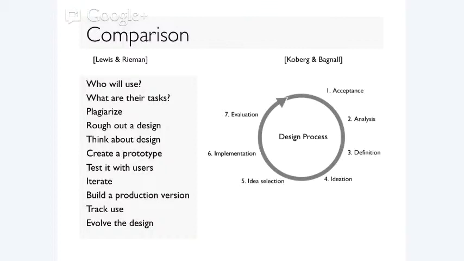I would argue plagiarize was about looking around for other solutions and letting that inspire you and borrowing from what works. So this is really in creating possible candidates, so I'd probably map it under ideation. Let's just do one or two more. Thinking about a design. So here, ideation and idea selection.